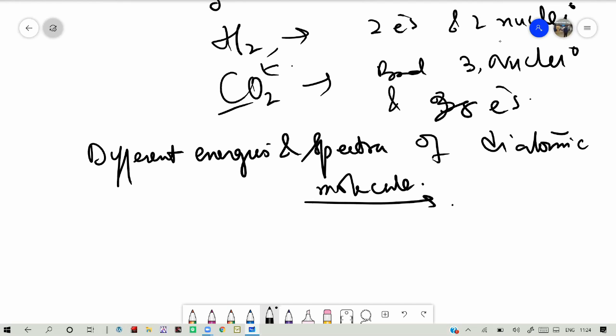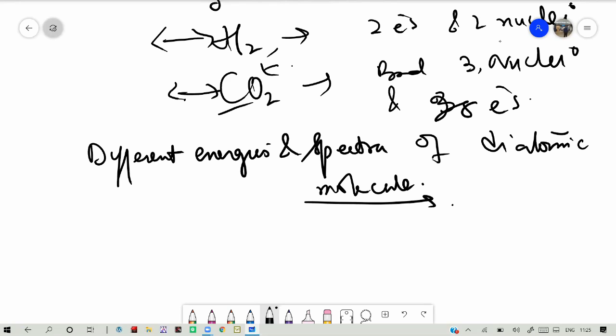So we will take a special case of a diatomic molecule, and it can be homonuclear or heteronuclear. This is homonuclear, this is heteronuclear, this is a triatomic actually. Like carbon monoxide is a diatomic heteronuclear molecule.